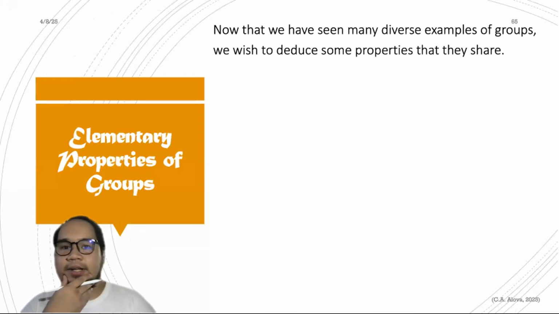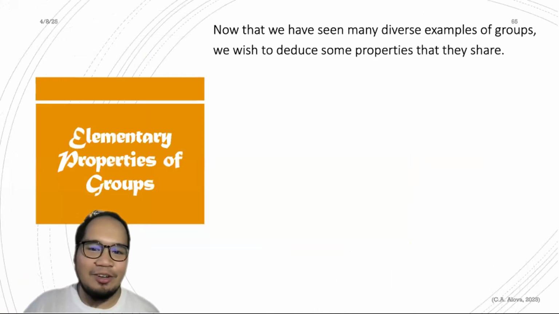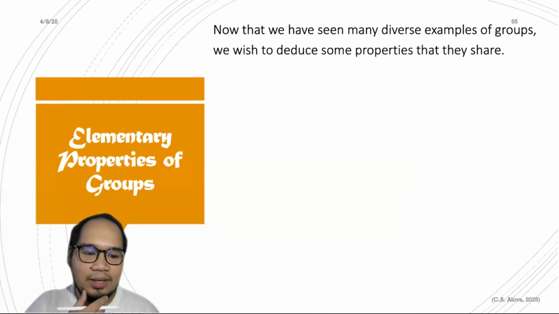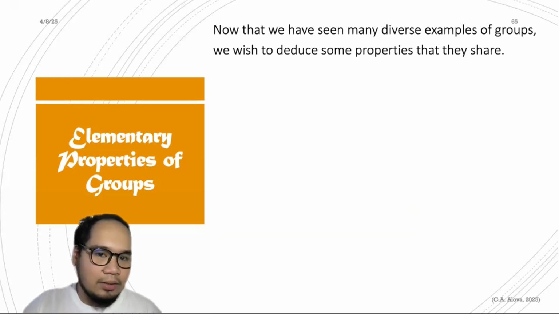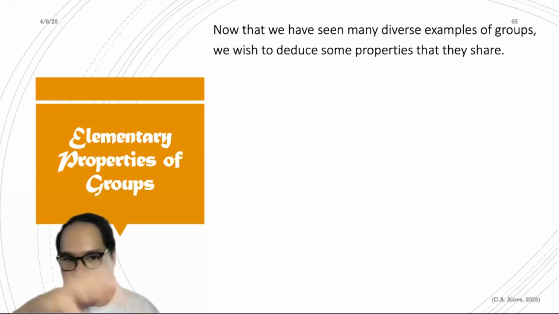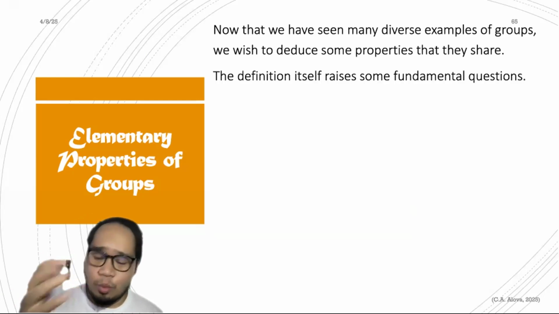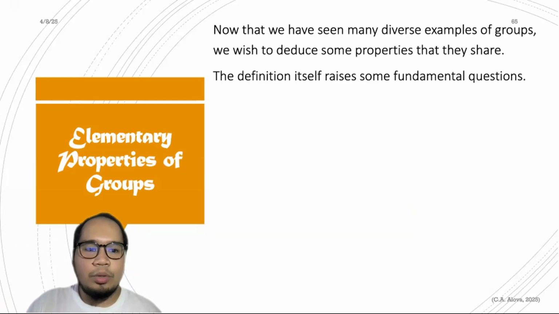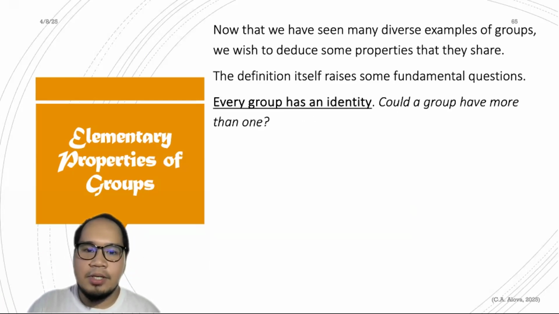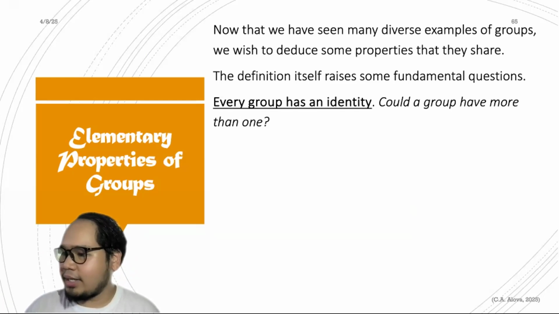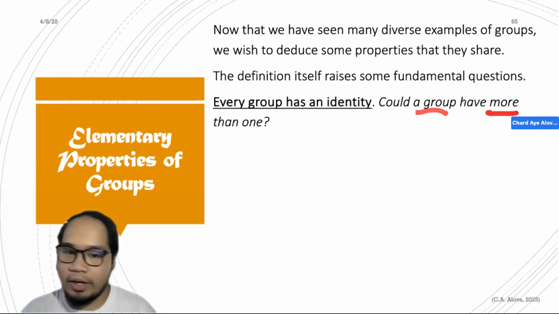Now that we have seen a lot of examples, especially in my class, different examples of groups, what we want to see here is to deduce some properties that all groups share. The definition itself raises some questions. We know that each group has an identity element, but could a group have more than one?